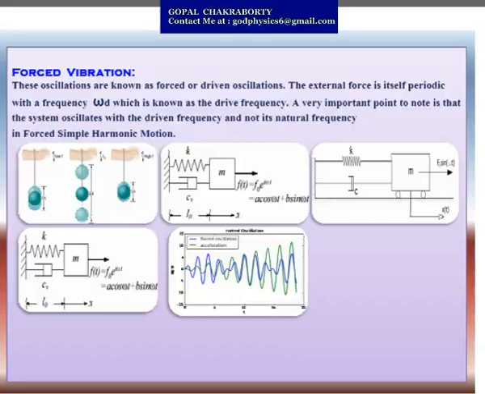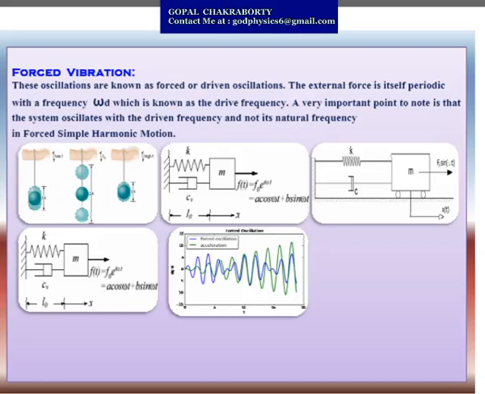When you apply an external force which is periodic with the frequency omega, known as the driven frequency, the application of this external periodic force makes the system go from non-oscillatory to oscillatory, and it will achieve amplitude resonance or velocity resonance when that driven frequency, the external frequency of oscillation, is equal to the natural frequency of oscillation.